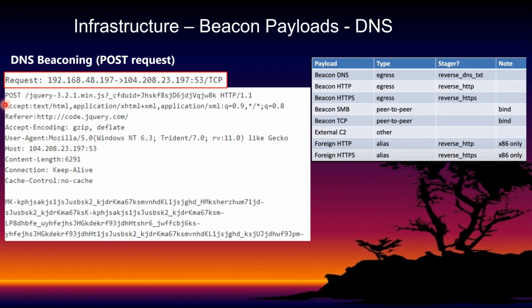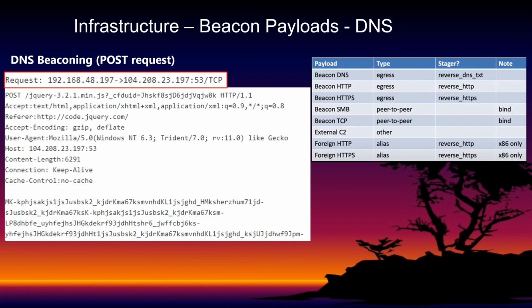Here we can see the internal IP reaching out to the external IP address and posting a blob of data that seems to be encrypted and can't be decoded unless you have the particular Cobalt Strike token to decode it, and basically only the Cobalt Strike server will have access to this. Because it's a POST request, we would imagine it's sending the output of the instructions that have already been sent to the beacon payload.